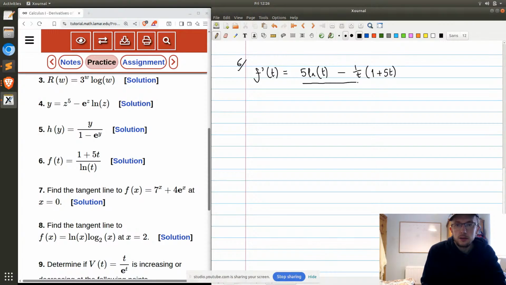And square the denominator. And there you go. And what would that be? 5 ln t minus 5 minus 1 over t.